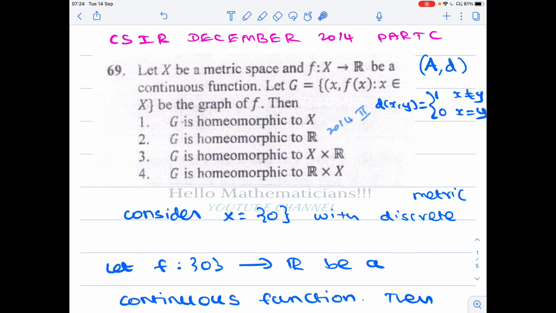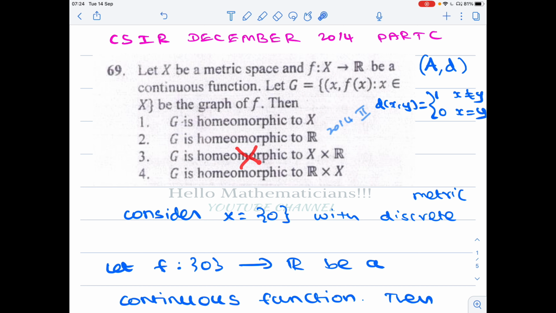So here, if X is a finite set, a finite metric space, then G will also have a finite number of elements. In the second option they are saying that G is homeomorphic to R, but if you take X to be a finite metric space, G will have a finite number of elements, so it cannot be homeomorphic to R.